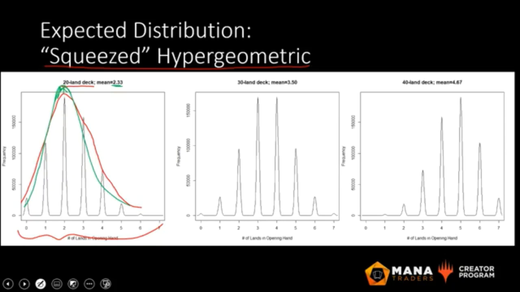But on the sides, you can see that it drops down on either end. Because the density has to go somewhere, it goes more to the top, and you reduce the density on either side. That's what we mean by a squeezed distribution. The green distribution here is what we expect from best of one.